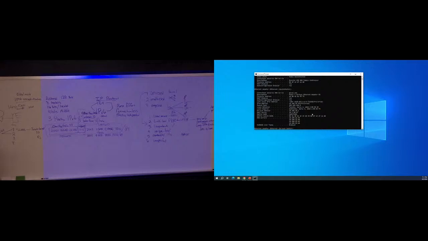All right, what's the second way? I heard you say it, Matt. Stateless DHCP. Now what that means is that we're using SLAAC and a DHCP server. What's the third way? Stateful DHCP.